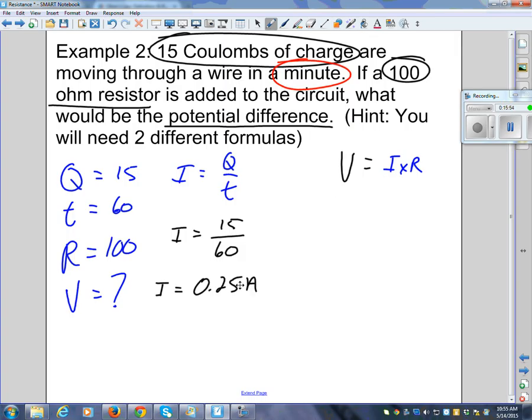It's a two-step problem. So I, 0.25, times my resistance of 100. 25 volts. Teague is right, 25 volts. Look at that. Junior electrician in the making.